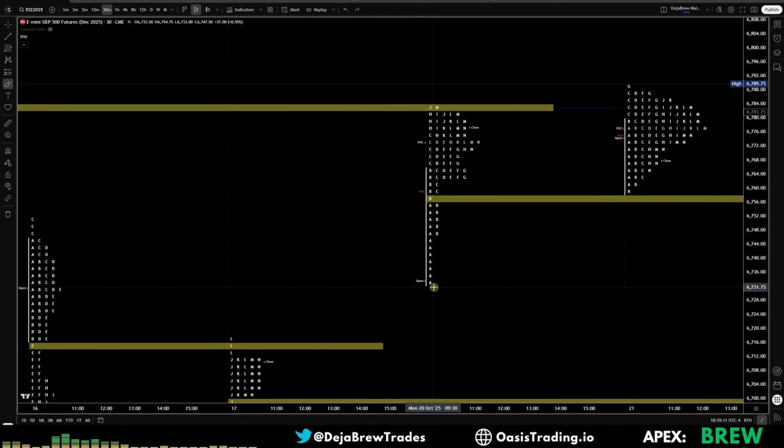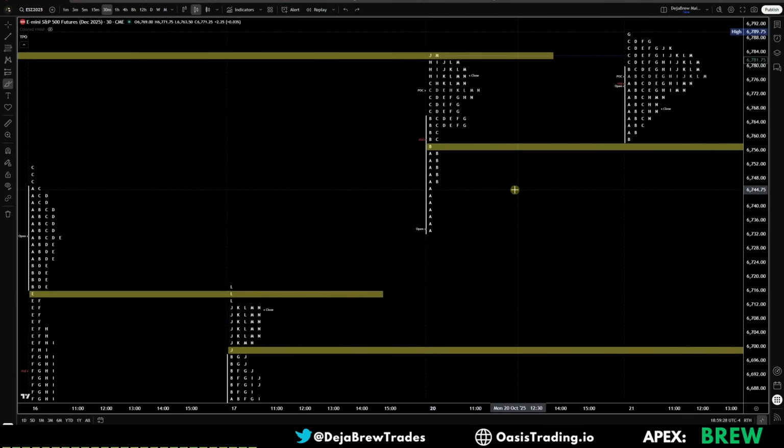We know that is the tail because where it starts to overlap with more than one letter is right here. You see how it goes from only the letter A to the letters A and B? That means the A and B sessions were overlapping on top of each other right here. But on this lower portion, that was only the A session.